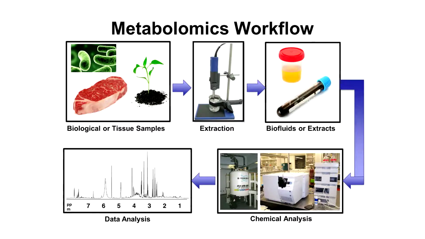If it's possible, we'll try to get fluids from them. In the case of animals, it's often very easy to get things like urine or blood. In all cases, whether it's a solid through extraction or through biofluid collecting, we're trying to get fluids, because chemistry is more easily done in fluids.